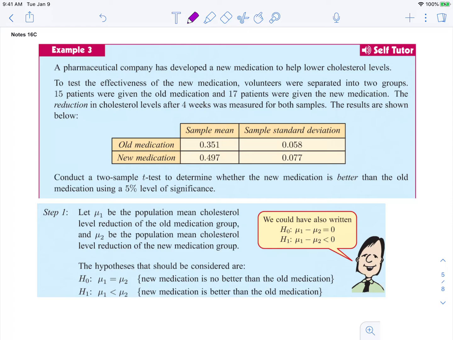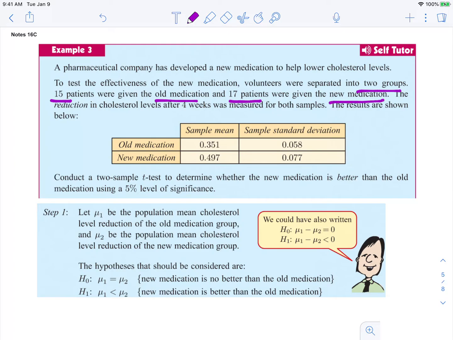A pharmaceutical company has developed a new medication to help lower cholesterol levels. To test the effectiveness of the new medication, volunteers were separated into two groups. 15 patients were given the old medication, and 17 patients were given the new medication.